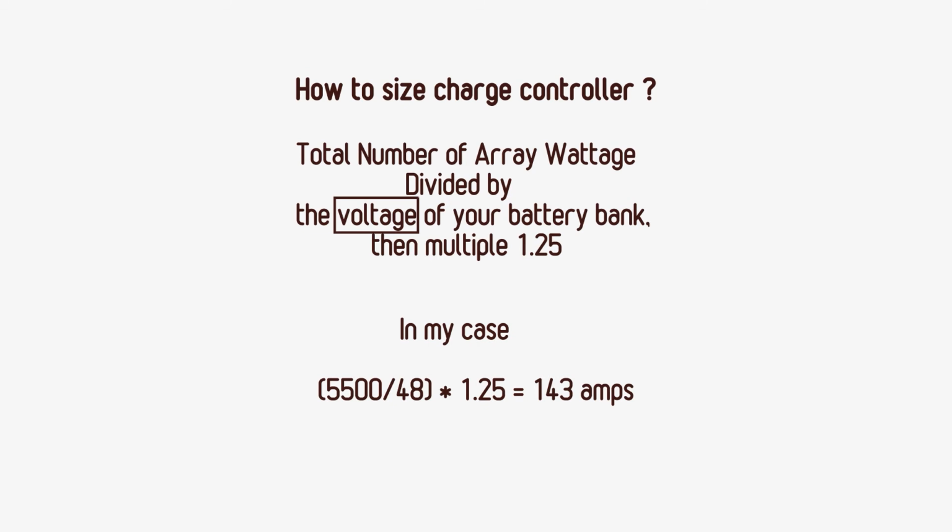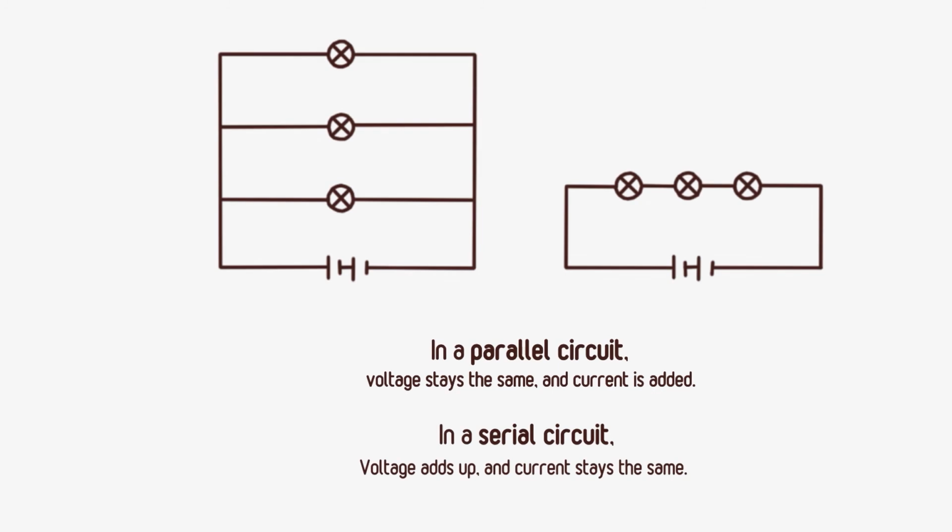They do make 150 amp charge controllers as well as 200 amp charge controllers. You could have sized it to add more. But what I decided to do is get smaller charge controllers and connect them in parallel. That would increase our amperage, if we go back to our definition, right?